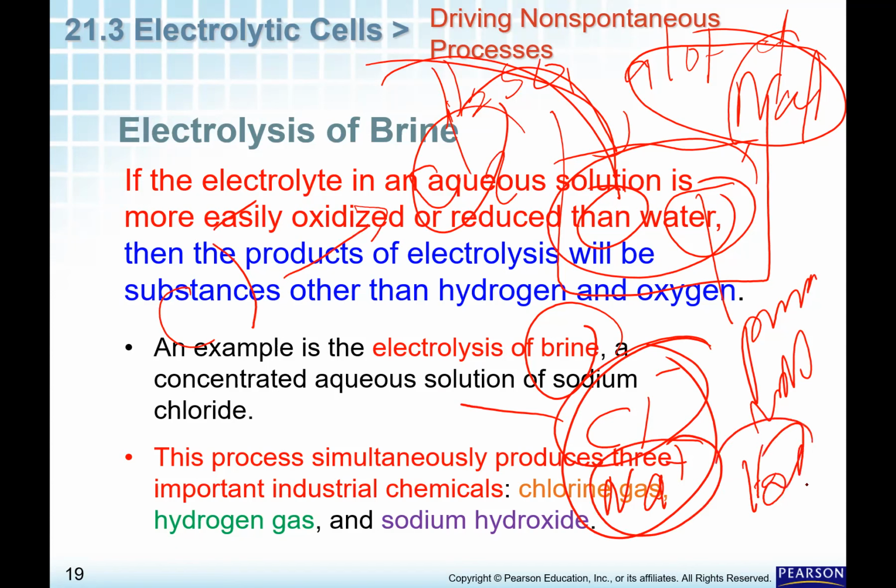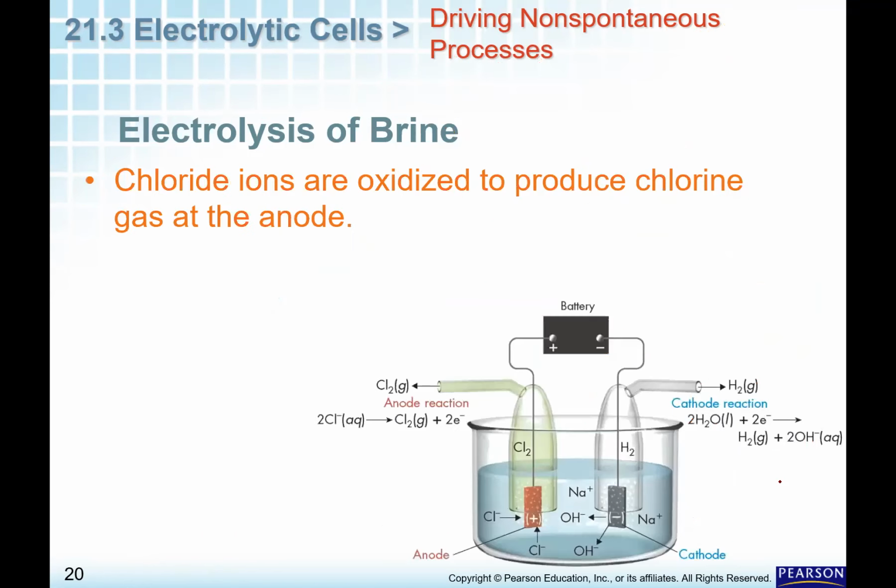Now, which one of those is going to get reduced? Apparently, the water is more easily reduced than sodium. So water, again, is going to get reduced into hydrogen gas. And the sodium which is left in the solution will be combined with the hydroxide ion that is produced from the reduction of the water molecule.